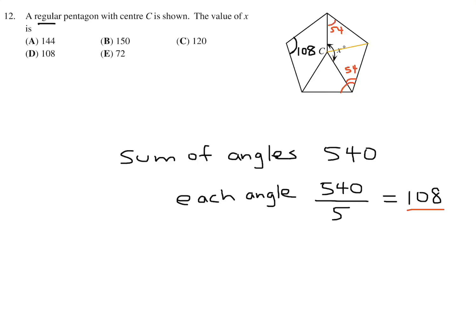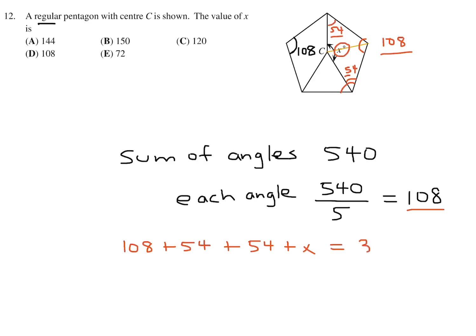And then this angle is 108, write it over here. So therefore we've got two triangles and we've got everything except x, so we can put all this into an equation. All the angles are 108, this one, plus this 54, plus this 54, plus x, which is right here.